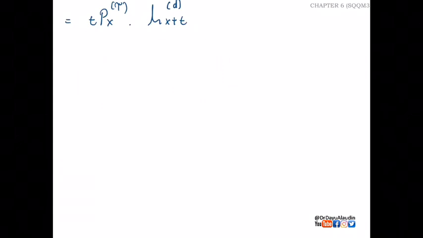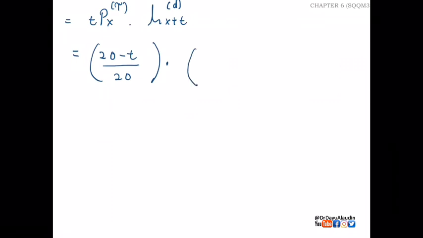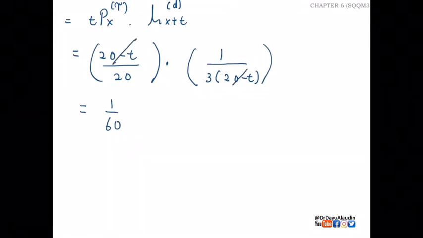So now we can find the PDF for death, where we multiply tPx tau with the force of mortality. So we substitute tPx tau, which is 20 minus t over 20, times the force of mortality for death, and we solve it and we will get 1 over 60. So we cancel out this one. This is the PDF for death, and now we find the PDF for withdrawal.